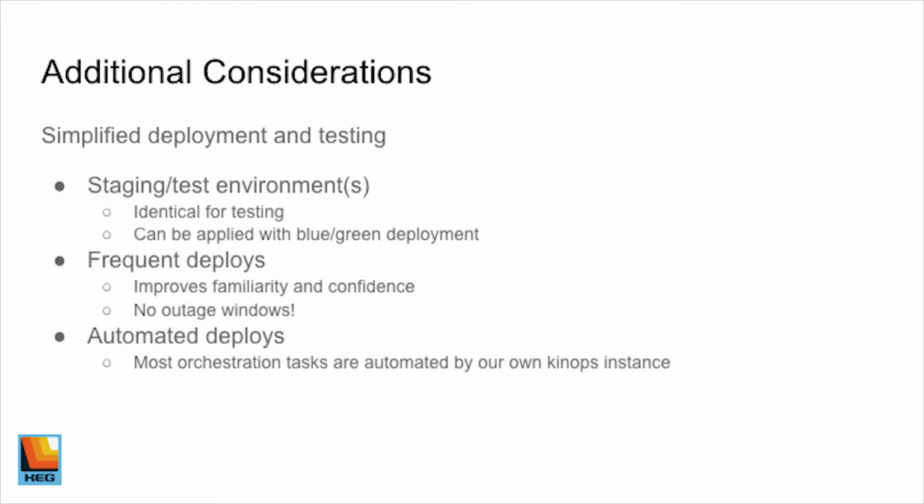Some additional considerations that we had when working with KinOps is we really wanted to simplify this deployment and testing and take some of the uncertainties or fears away from most of the operational tasks. As John mentioned, right now we're actually deploying to KinOps sometimes multiple times in a week. So we wanted that to be a very comfortable, familiar process.